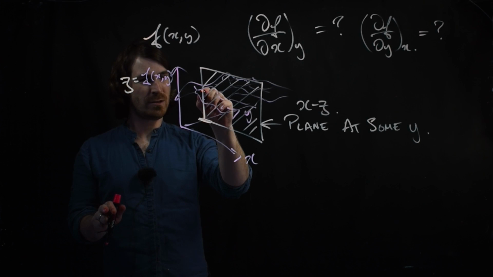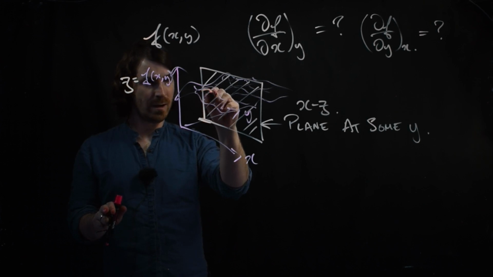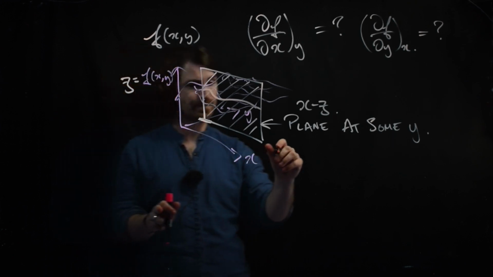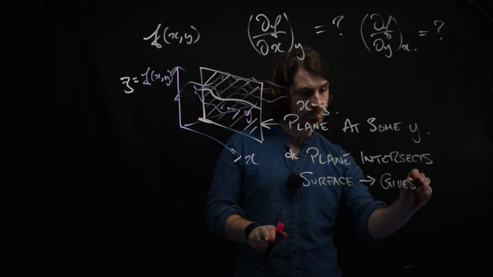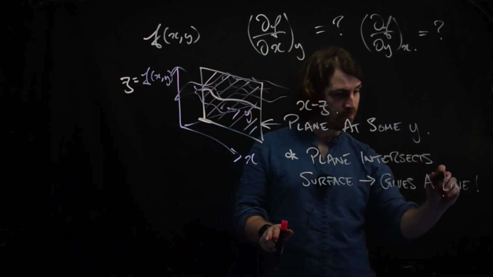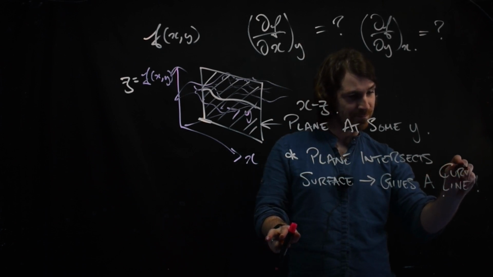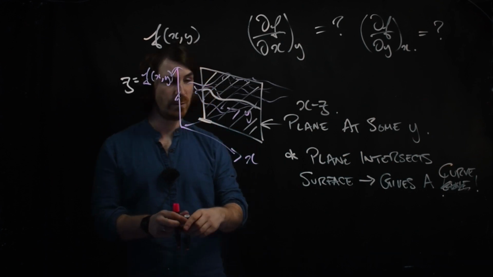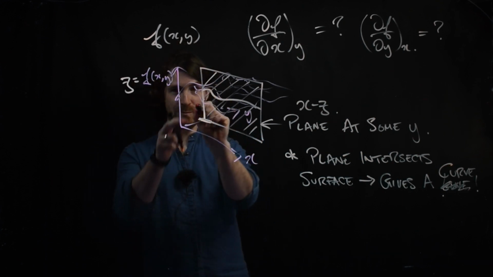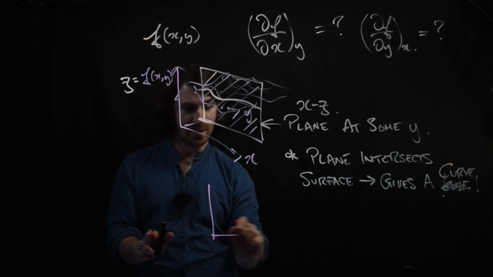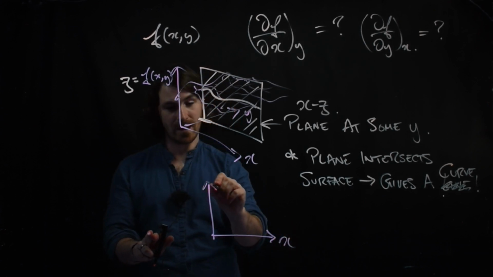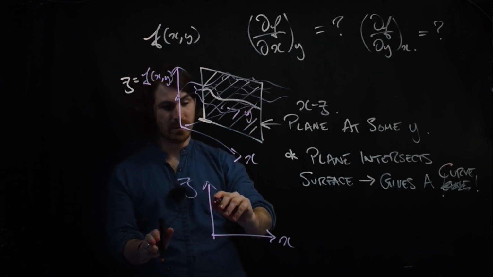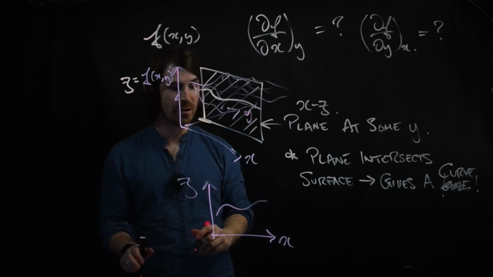And where it intersects the surface, you get a curve. Okay, so we plot this x, z thing, and where the surface meets the plane, we see this curve.